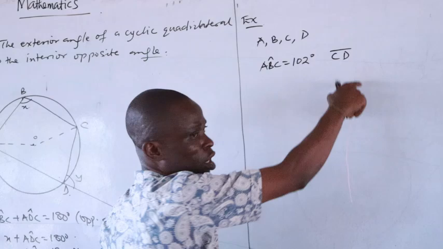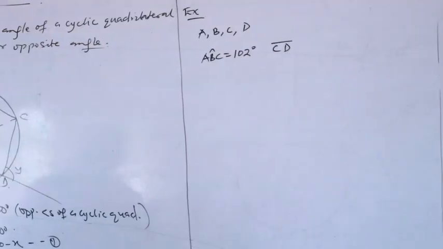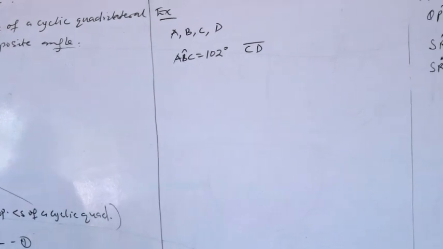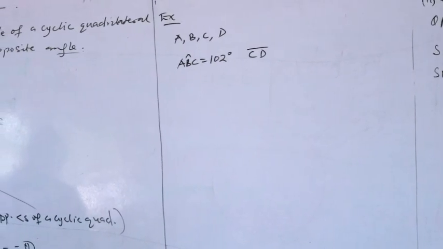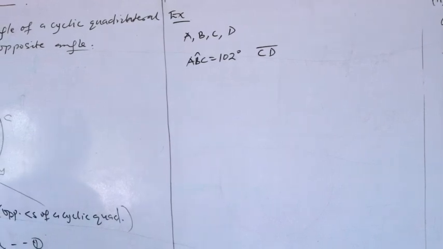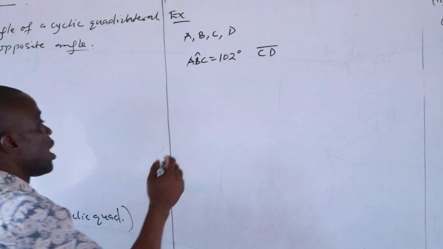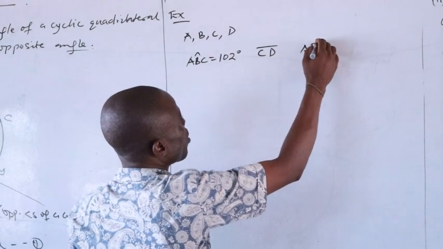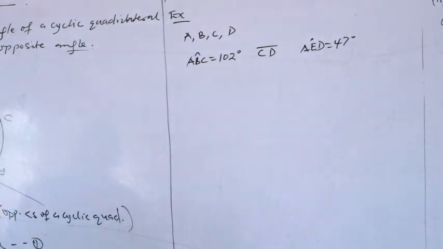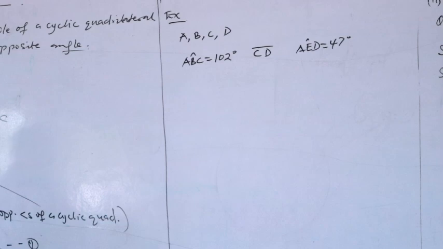Line CD is produced to E, so that AED equals 47 degrees. Full stop. Calculate EAD.